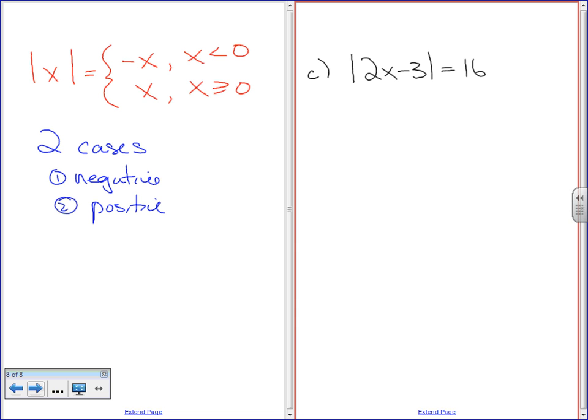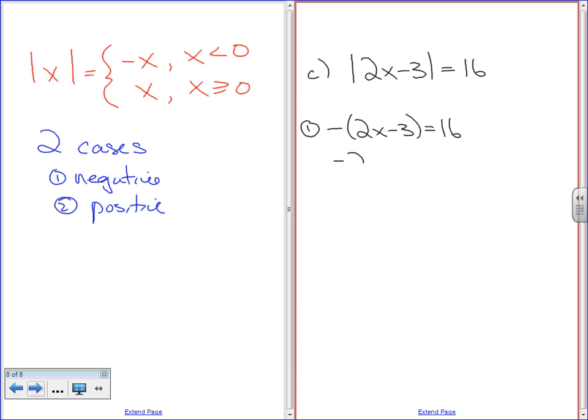As soon as you see absolute values, you should be thinking your two cases, the negative case and the positive case. So case 1 is the negative of the absolute value. When you're writing down your first case, you write down the negative and you put brackets around the absolute value. Do not write the absolute value anymore. If you do that, that's wrong. Okay? And then you just solve this.